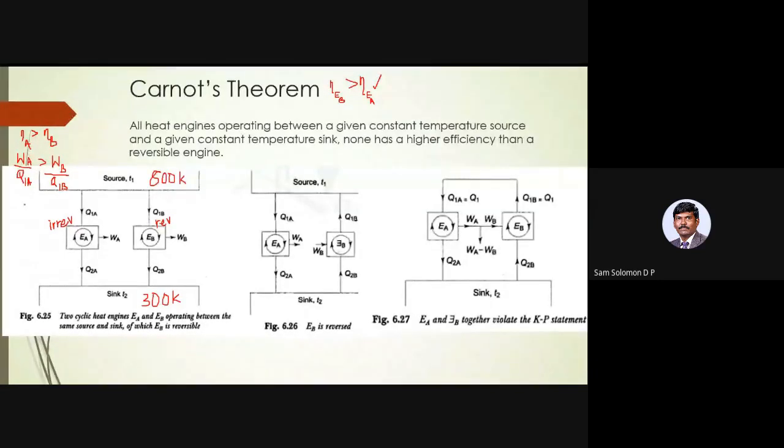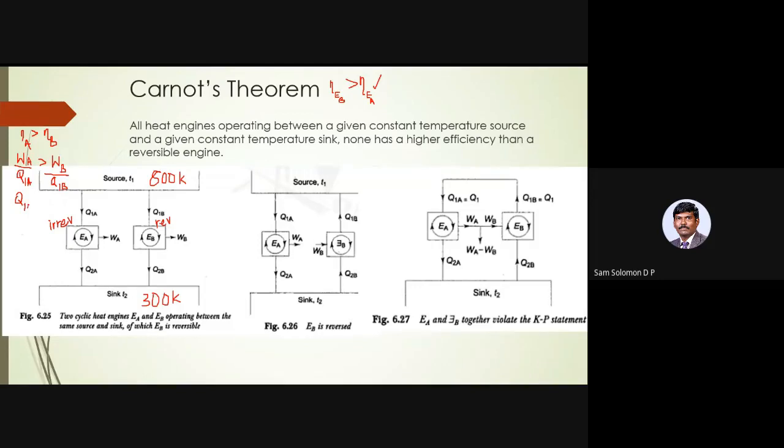So we have written the formula for efficiency. Now, because the source is the same for both the engines, the heat supplied will also be the same. They are supposed to have the same heat supply. So Q1A will be equal to Q1B because you have the same source.